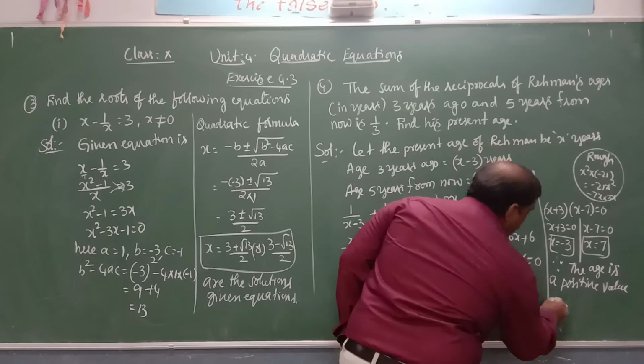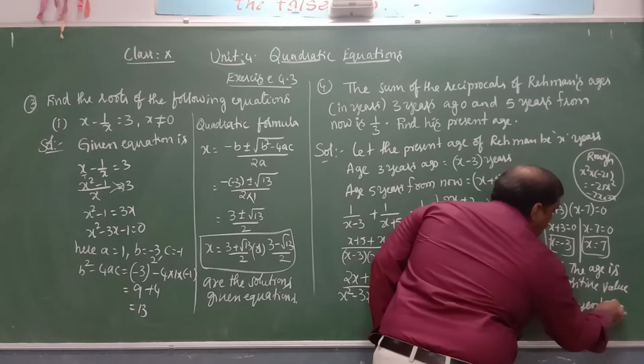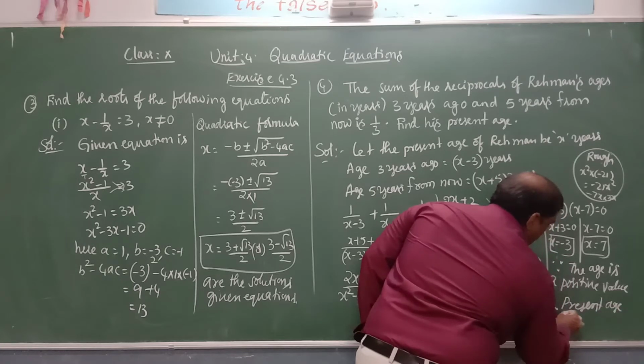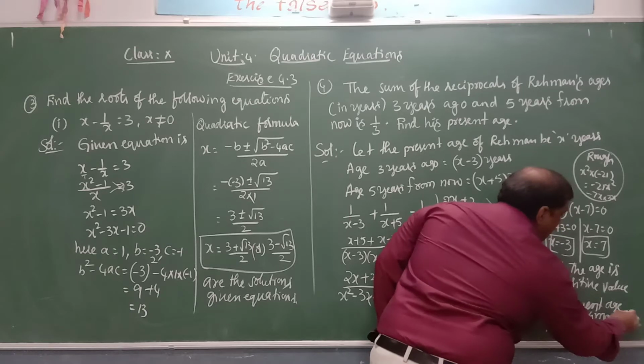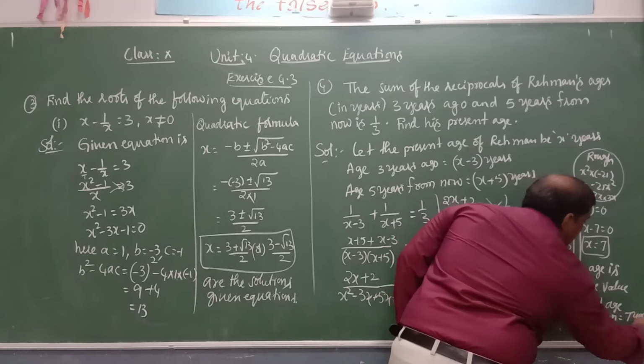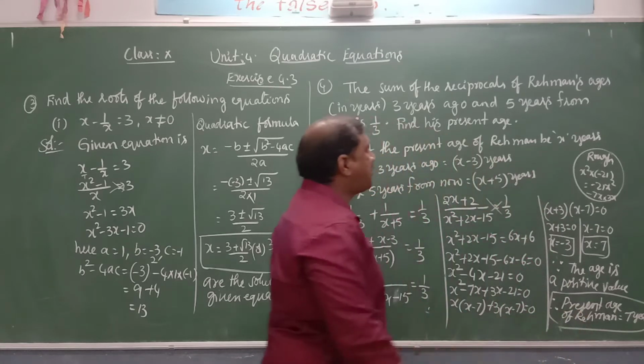Therefore the present age of Rahman is equal to 7 years. We will consider the positive value. 7 years is Rahman's age.